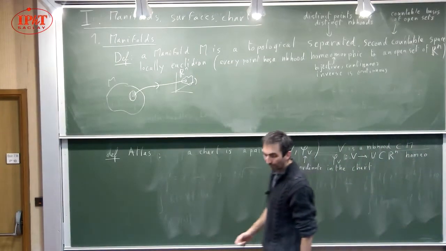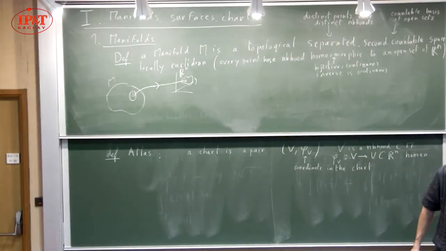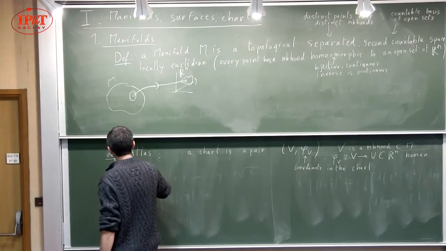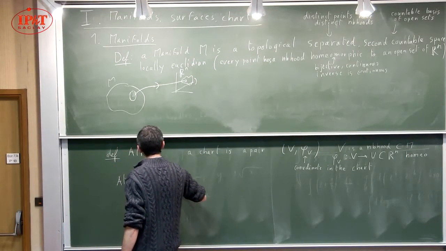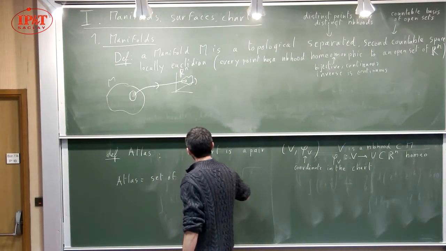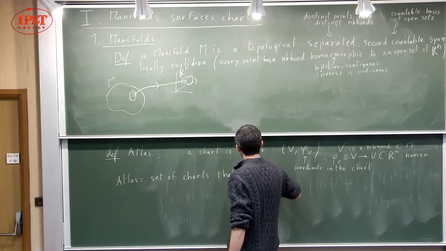So an atlas is a set of cards that cover M.